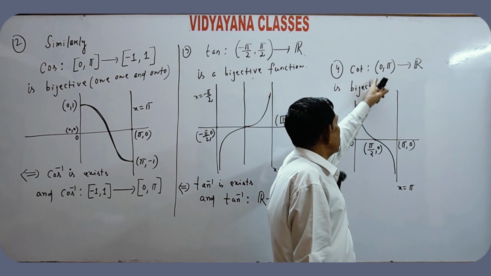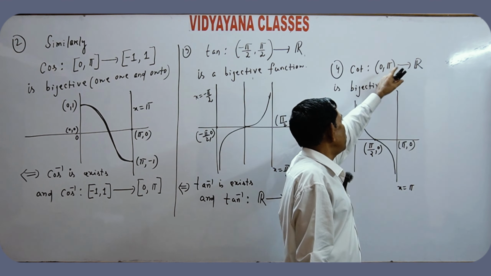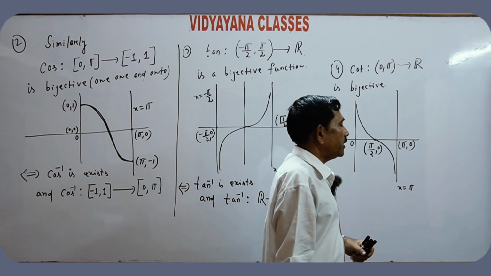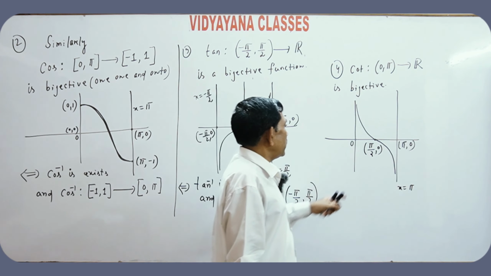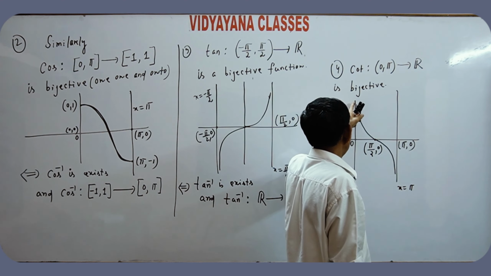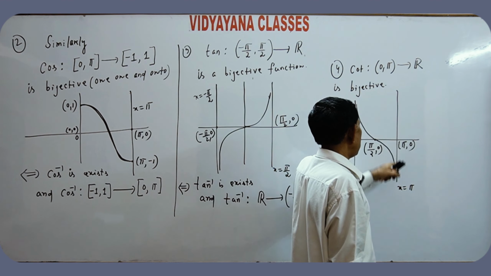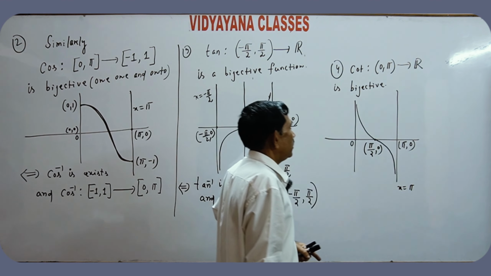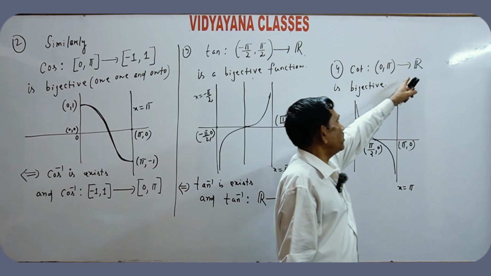The cotangent function is decreasing in this interval, that means the open interval (0, pi). Every decreasing or increasing function is 1-1. For the range of the function, at x equal to 0, it goes to positive infinity. At x equal to pi, it approaches negative infinity. So the range, minus infinity to plus infinity, is equal to the R set.